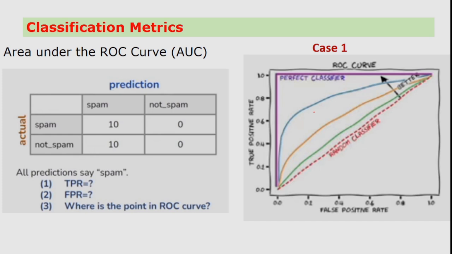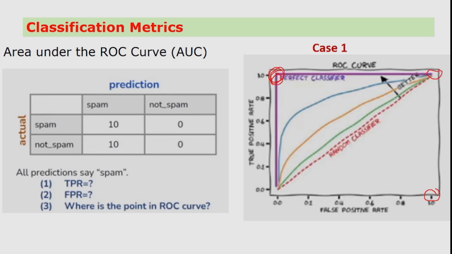Suppose you get 0, 1, here it is 0 and 1. If it is 1, 0, it is here. If it is 1, 1, you will get it here. So which model can you say is the best model? The point where you get it over here is the best model, and the area under the curve will be good.